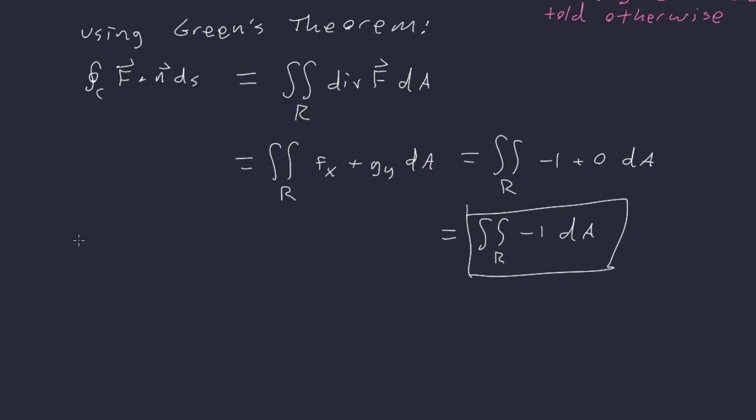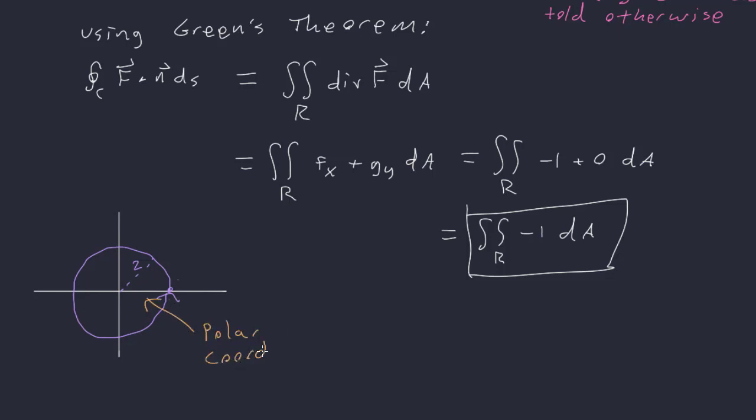Now our R, we do need to think about that. Well, our region is this circle of radius 2. Provided we set this up in polar coordinates, this integral won't be that difficult to calculate. In polar coordinates, the limits for r are going to be 0 to 2, and since we're looking at the whole circle, our θ will be 0 to 2π.